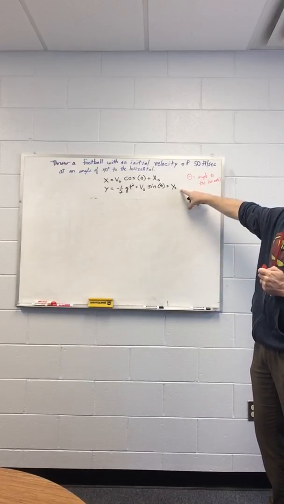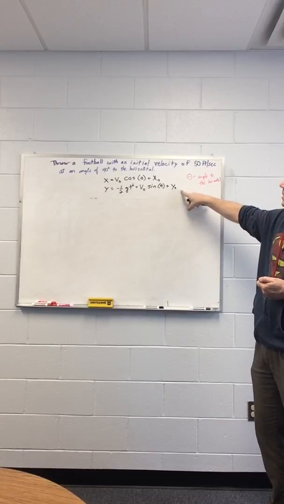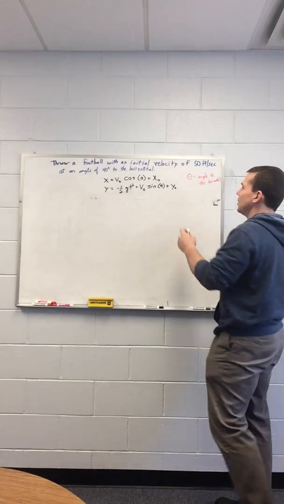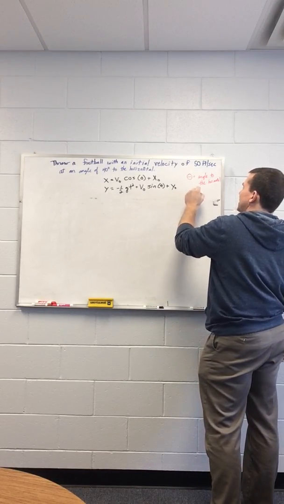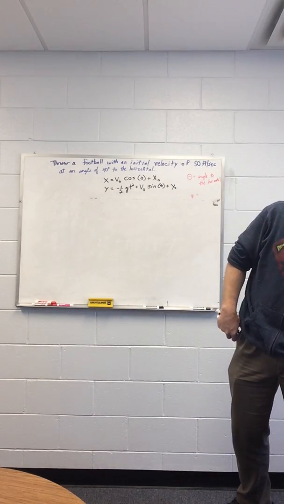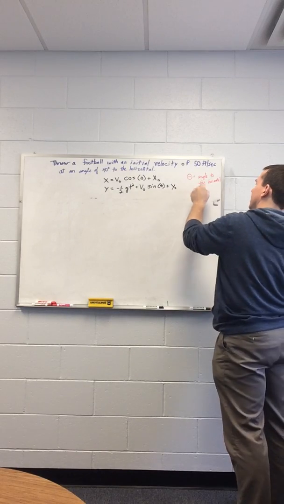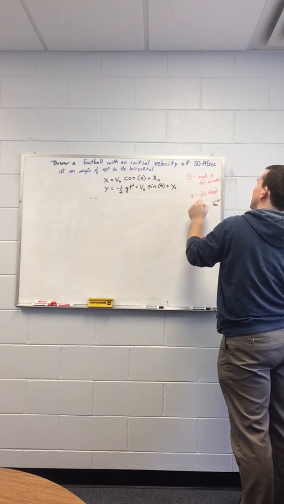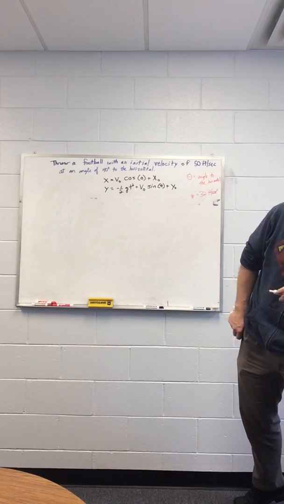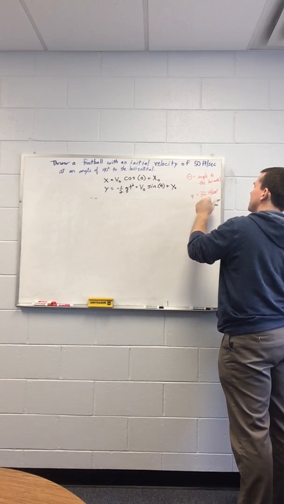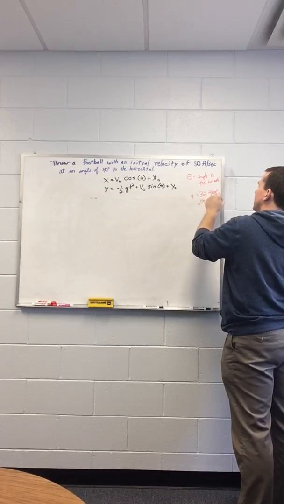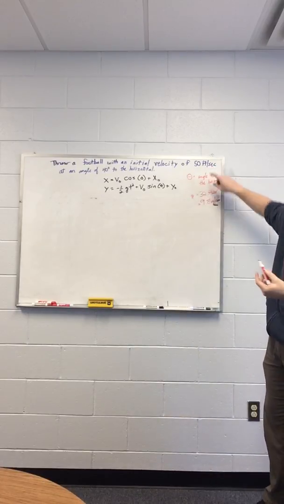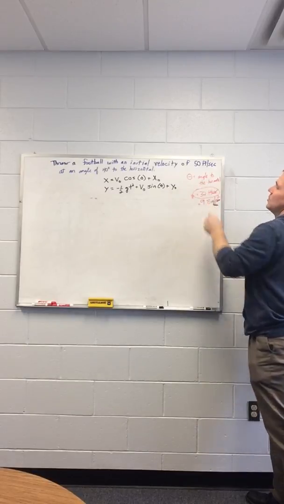Y sub 0 is your initial height. G is the acceleration due to gravity, and there are 2 ways you can do it: 32 feet per second squared, or 9.8 meters per second squared. That's dictated by the problem. Since my velocity is in feet per second, we're going to use 32.